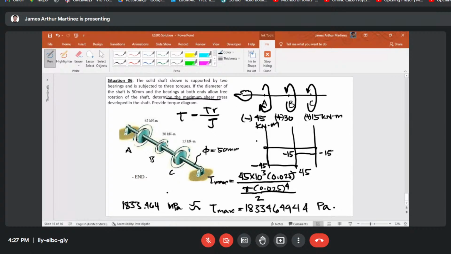Okay, so if you are to investigate class, if imong isolve ang shear stress, no, that is being developed at this section, no, or at this region of your structure, or in this case solid shaft, ang imong gamiton would be say 15, no, kay kani siya at this point, at any given point at this member, 15 kilonewton meters man ang iyang internal reaction.